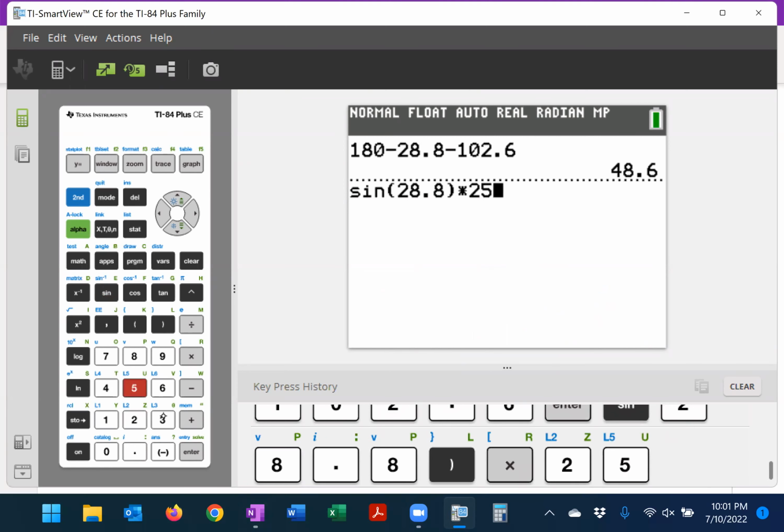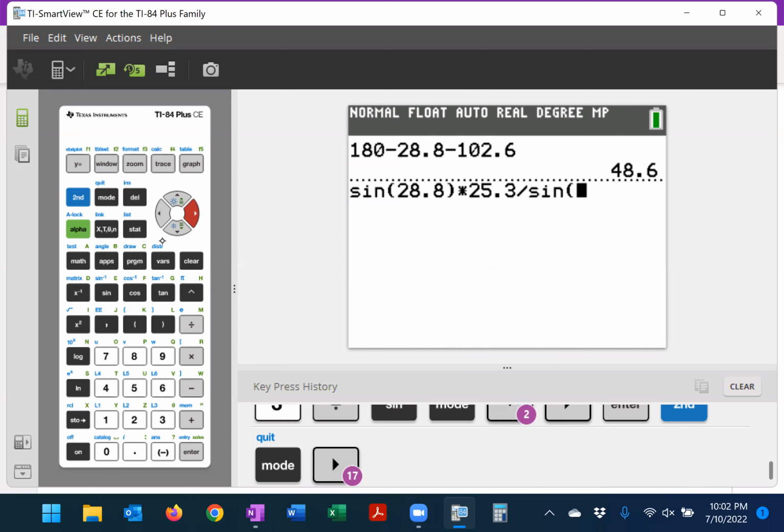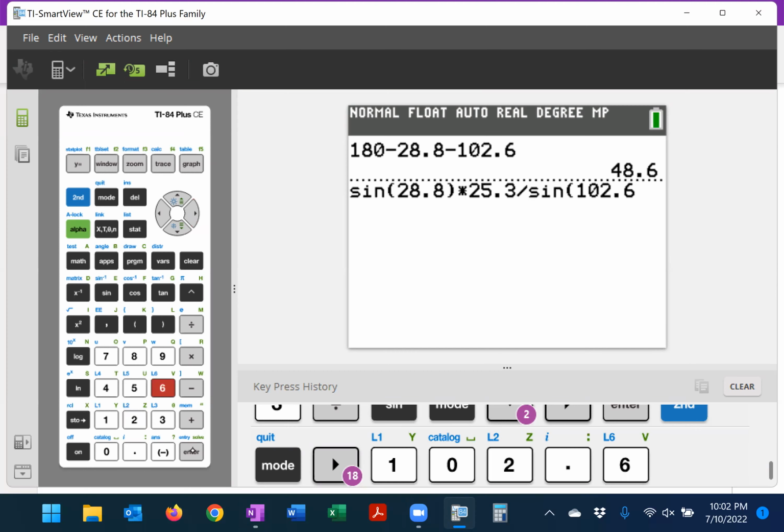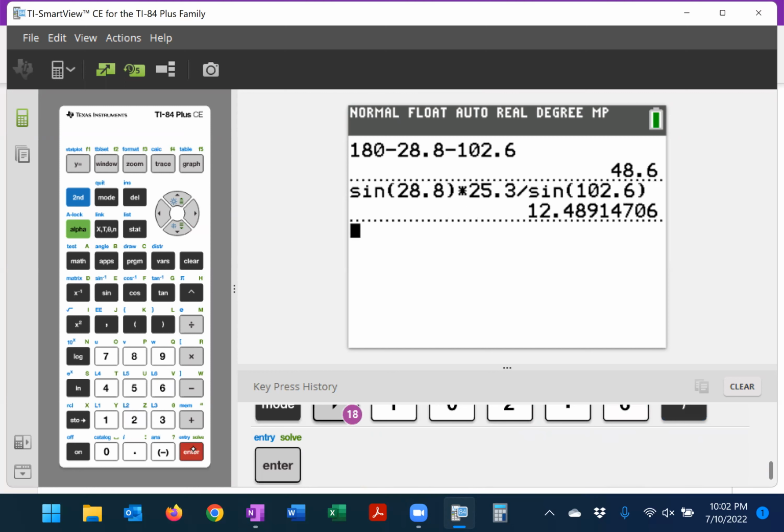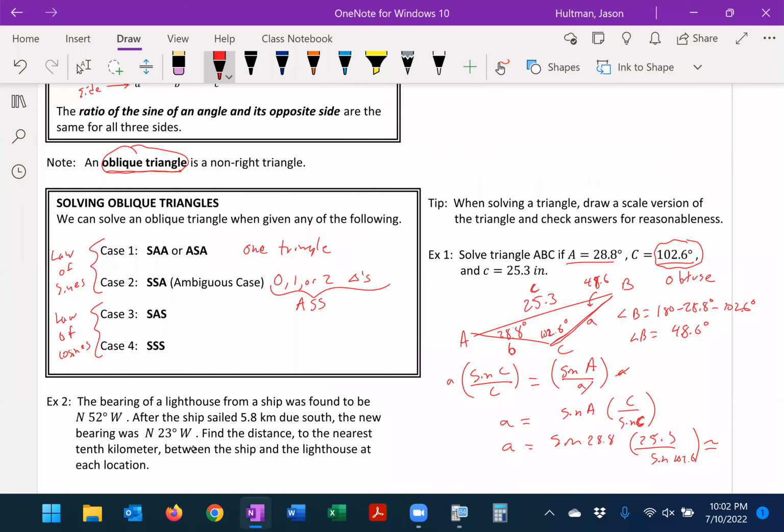Okay, all over sine of 102.6, right? Okay, and that's about 12.5 inches, which is the units that we're using on this problem. So this is about 12.5 inches. So that was side A.